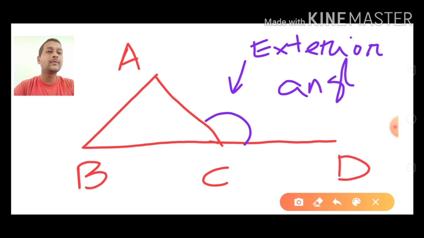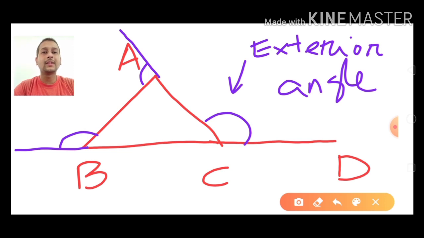We can have three exterior angles. How? If you extend this one, then we'll have another one here. If you extend on this side, you will have one here. So we'll have three exterior angles. We are not going to discuss all three. We will do one, and you will understand how the theorem applies. So you remember this one.